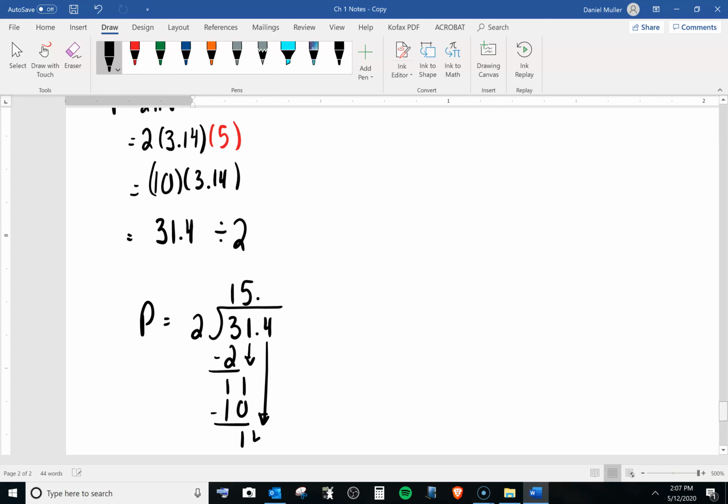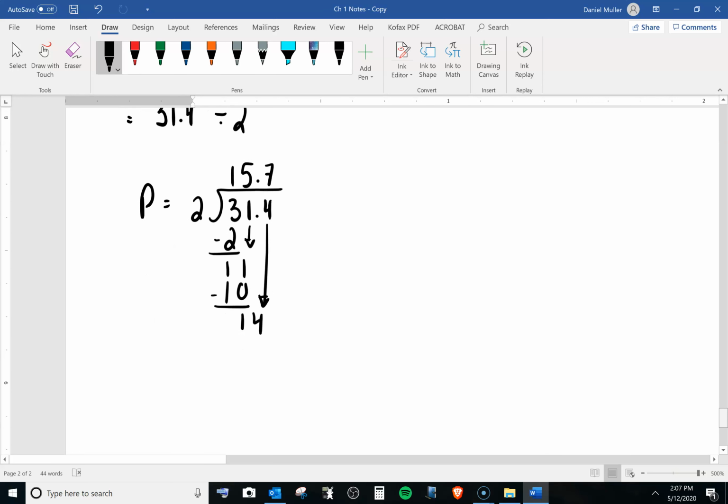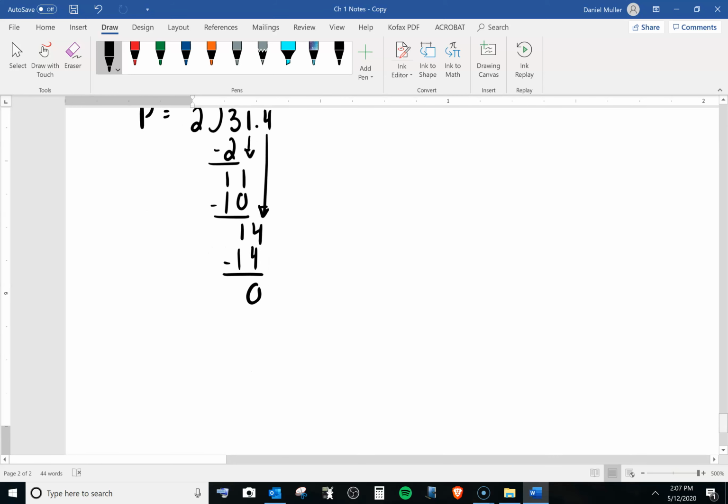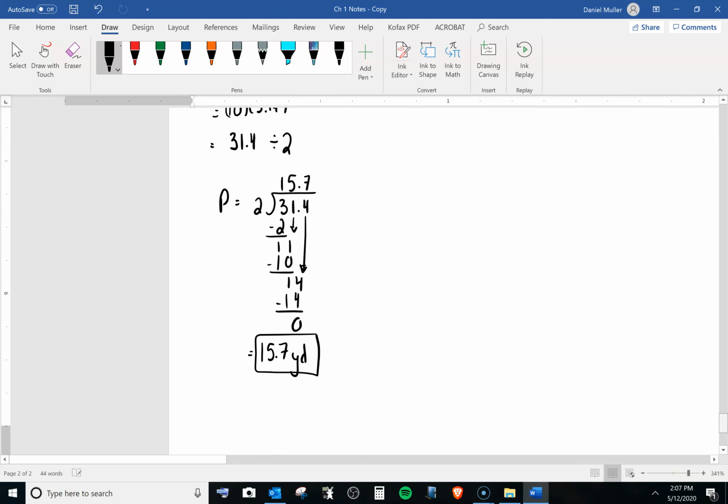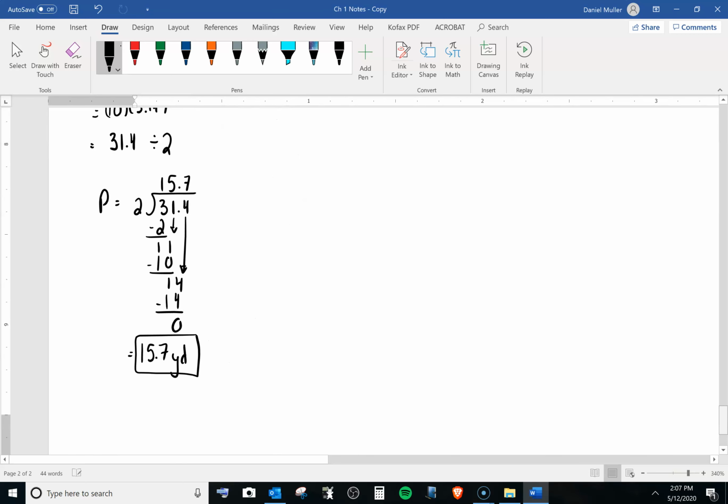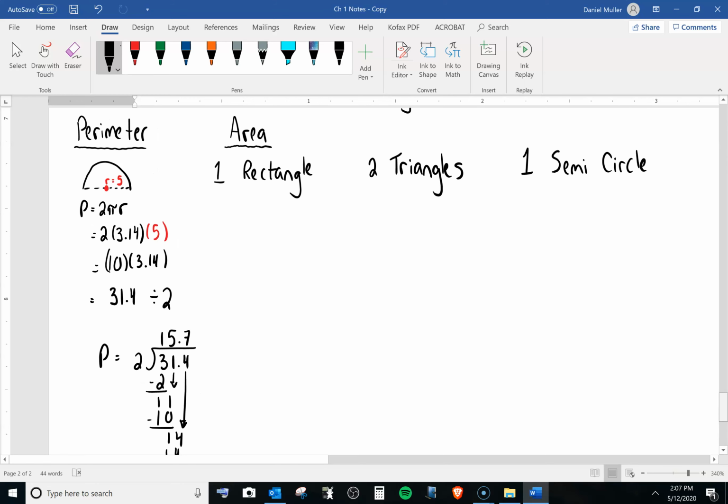Carry down the 4. 2 goes into 14 7 times, which 7 times 2 is 14 with 0 remainder. So the perimeter is equal to 15.7 yards. So maybe you already knew that. Half of 31.4 is 15.7. You wouldn't have to show your work, but again, we're trying to do this without a calculator.